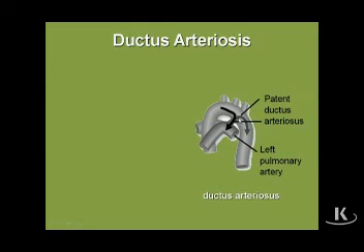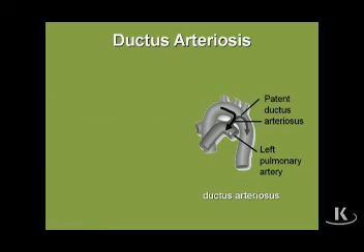After birth, when that pressure gradient reverses, the flow through the ductus arteriosus will be left to right. So the reversal of the pressure gradient, while it was responsible for the closure of the foramen ovale, does not close the ductus arteriosus.